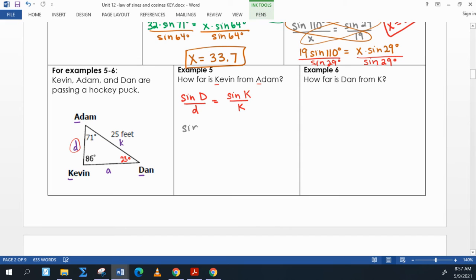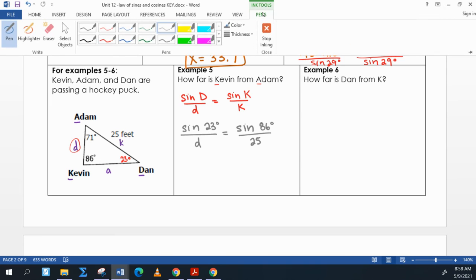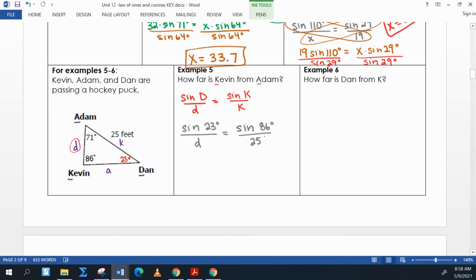Okay, so that angle D is what we found, which was 23 degrees over side D. That's what we don't know. We'll just leave it as a D. And then sine of angle K, which is 86 degrees over little k, which is 25. All right, let's go ahead and cross products here.